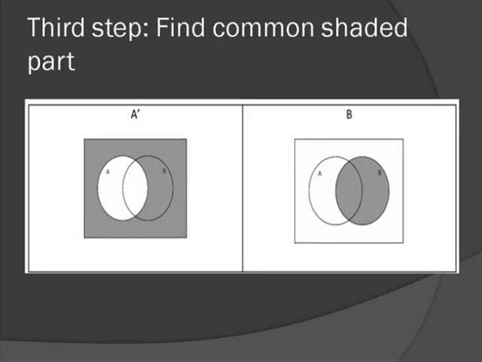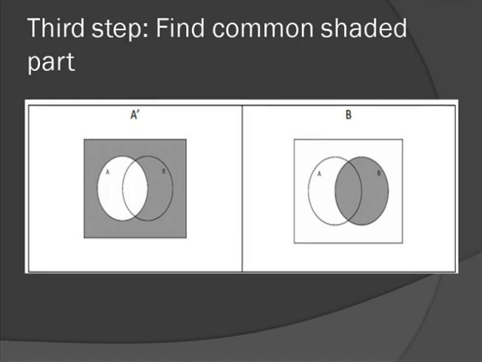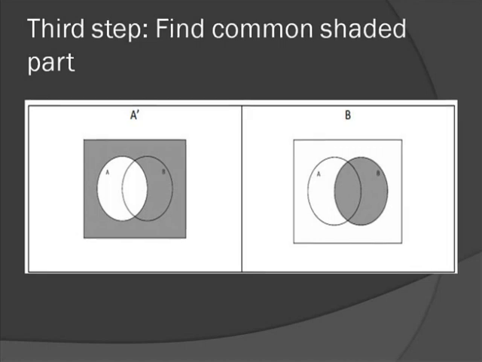I am talking about that part which has no connection with A. I am not talking about the overlapping part, I am talking about the other part. The other part is shaded in A complement, and it is also shaded in B. So this is the required area. This is the shaded part which is common in both the diagrams. So this will be the answer of A complement intersection B.